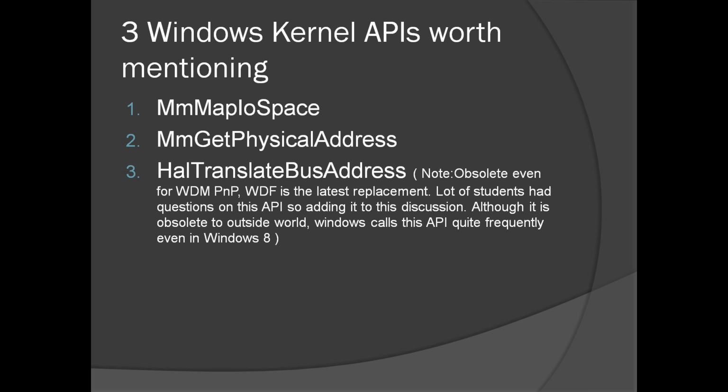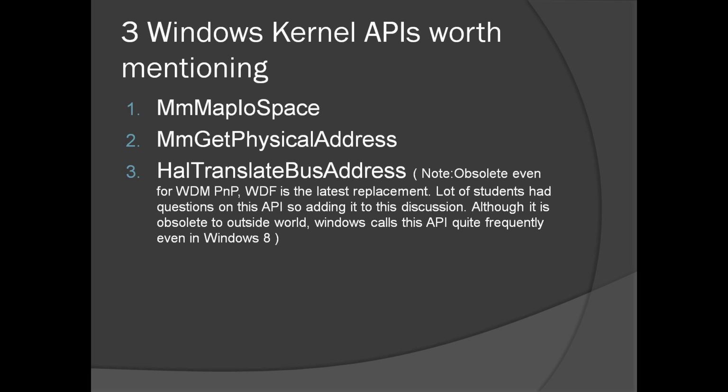You have a virtual address and you need the physical address. So MmGetPhysicalAddress is pretty much like the !pte command which we have seen. MmMapIoSpace will generate PTEs, or page table entries, and give you the virtual address equivalent to it. MmMapIoSpace creates page table entries for physical pages.